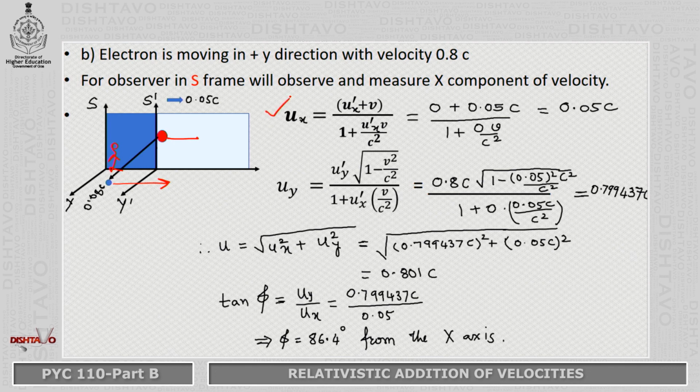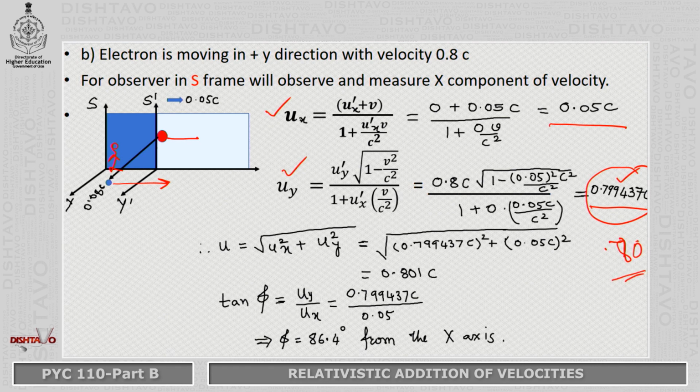I pick up the transformation equation for ux first and get this value, because naturally the observer will find that the x component of velocity is 0.05 c. Then, as usual, I take the other transformation equation, in the y direction, and see to what significant digits I have worked it out. I request students to use a calculator and not make it 0.7 or 0.80, as you may not get an accurate value.